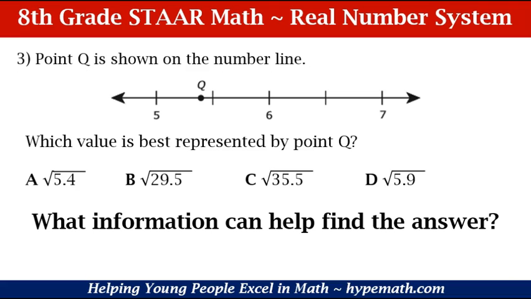Now, I want to show you something before we continue on, because we could actually cross some answers out. If you notice, A and D is kind of like a trick answer, because again, we said that the hash mark in between 5 and 6 is really representing 5.5. A and D look like they could be the answer with the square root, but those are actually wrong, okay?